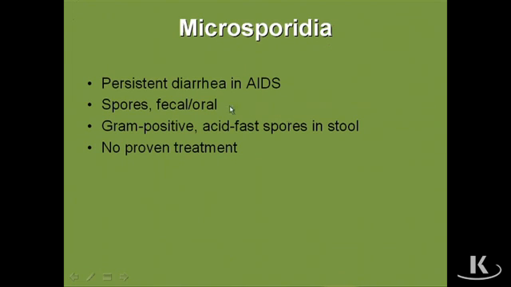So again, we've got acid-fast, persistent diarrhea, but these, in addition to staining acid-fast, also stain gram-positive, okay? So Cryptosporidium and Cyclospora, those are your first two that you want to think about, and then Isospora and Microsporidia kind of down there at the bottom. All right, so those two are pretty low yield for Step 1.